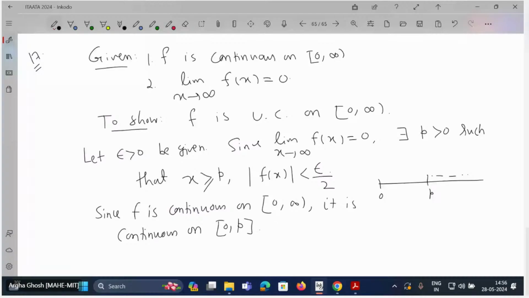Now it is continuous on a closed and bounded interval, so it will be uniformly continuous on that closed and bounded interval. I am writing UC, short for uniformly continuous, because it's lengthy.